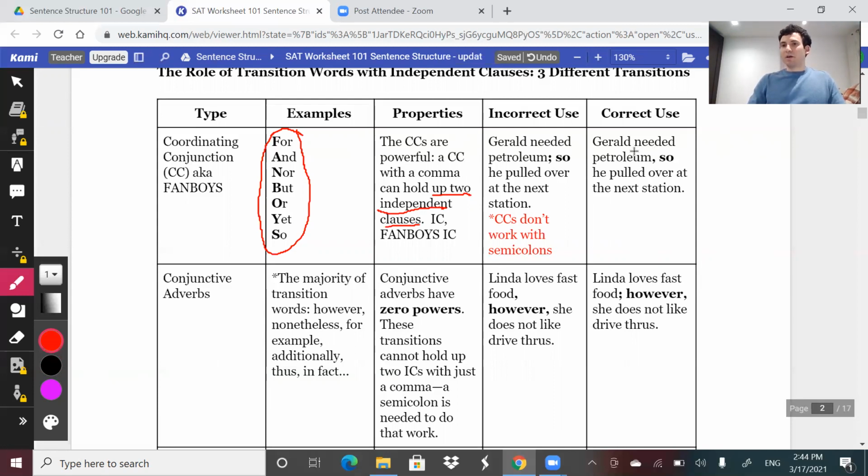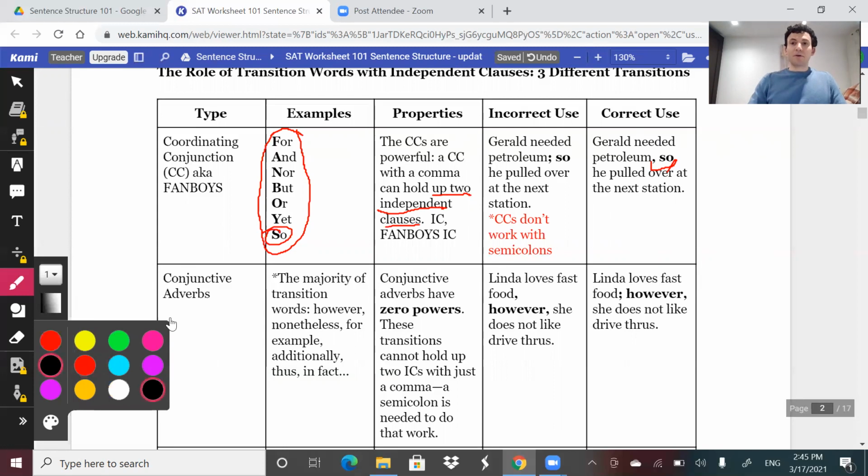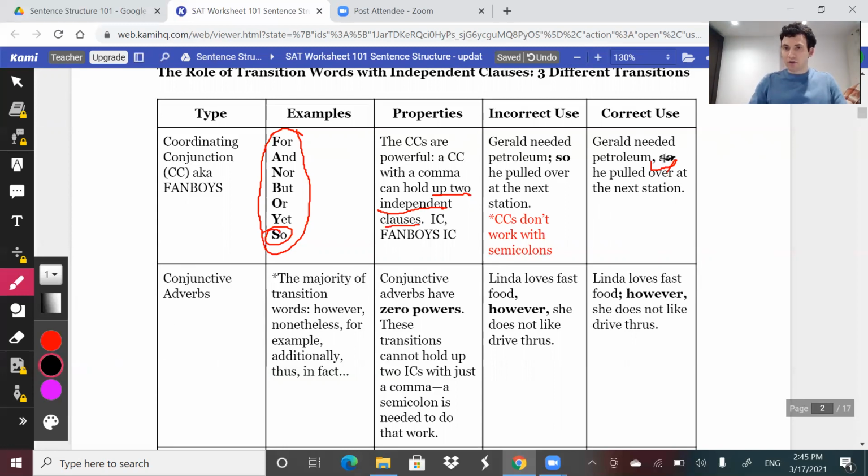An example of this is Gerald needed petroleum, independent clause, comma, so, from our list, so he pulled over at the next station. That is entirely acceptable. Here's where it gets interesting. This would not work if I said Gerald needed petroleum and I changed the so to a thus.